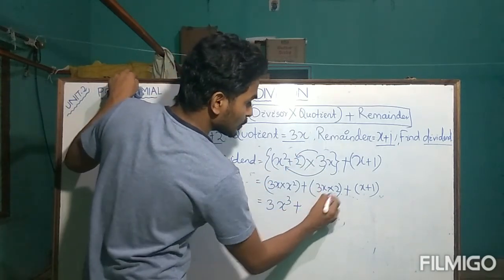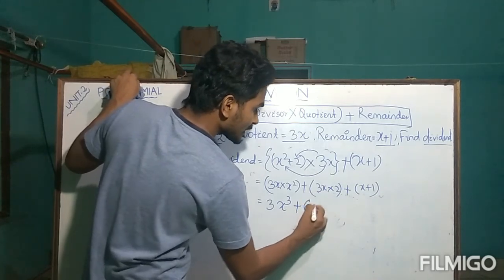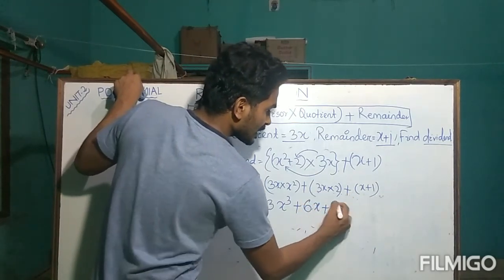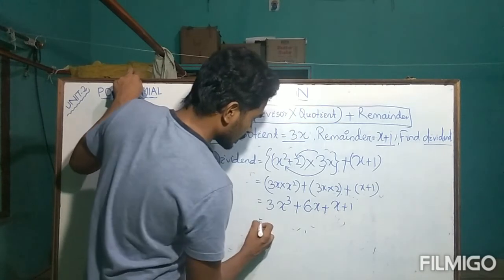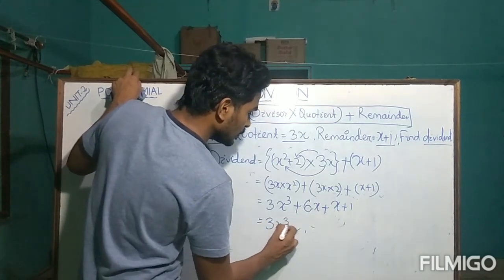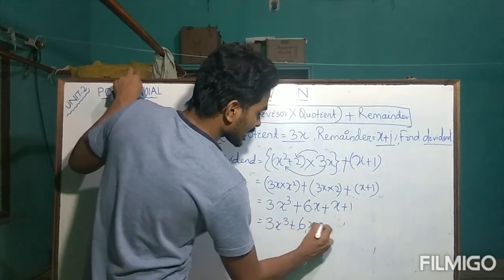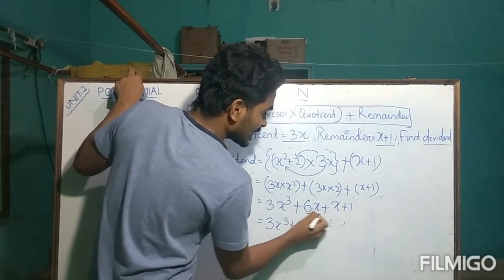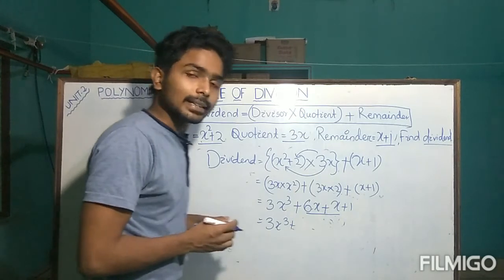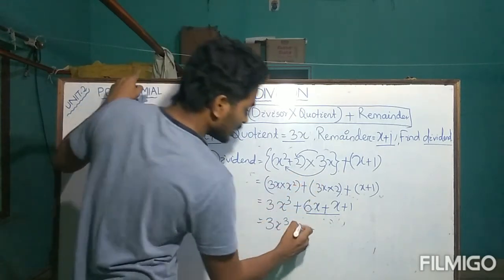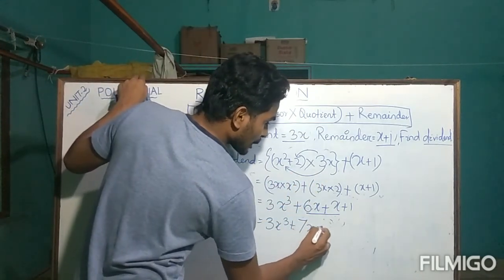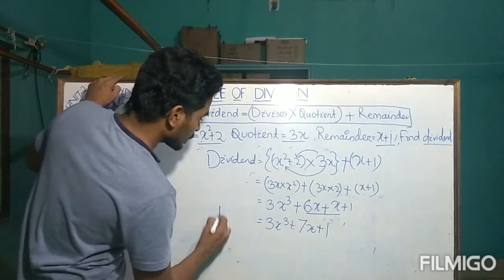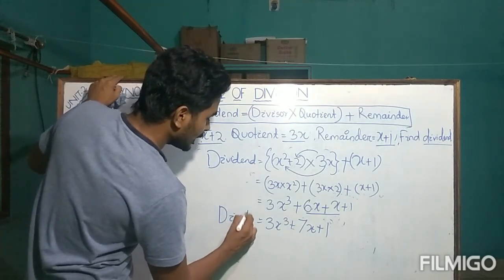Plus 3x into 2 is 6x, plus x plus 1, which is 3x cube plus 6x plus x plus 1. Here 6x and x are like terms, so they can be added to give 7x plus 1. So this is our dividend.